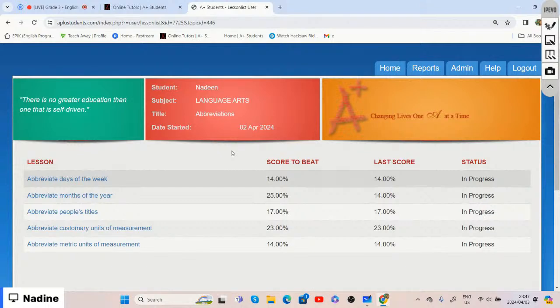Both of these we can use in recipes or to measure distance, right? Customary units of measurement are followed by a period, whereas metric units of measurement are not followed by a period. So once again, an abbreviation is a shortened version of a specific word.